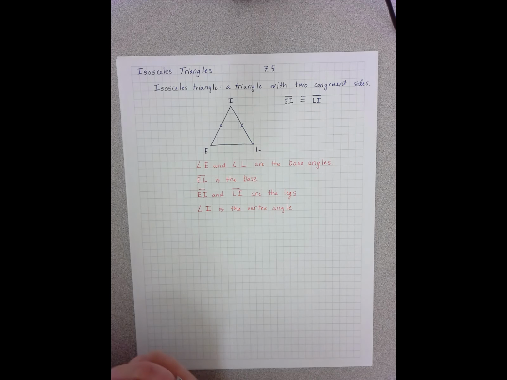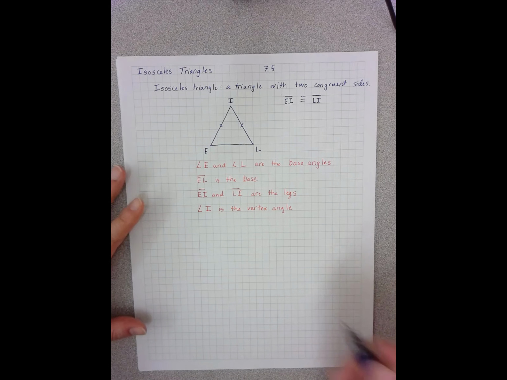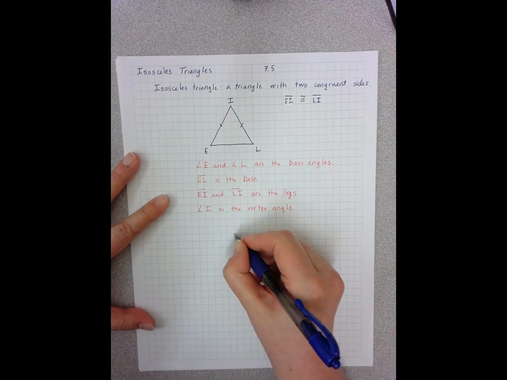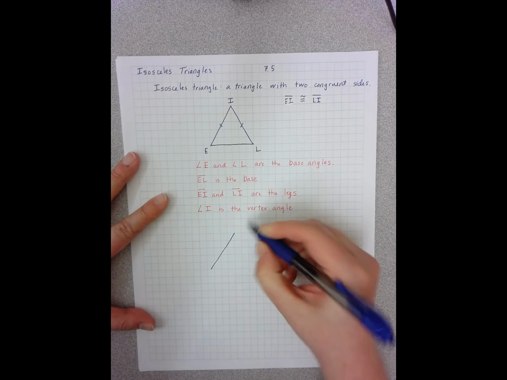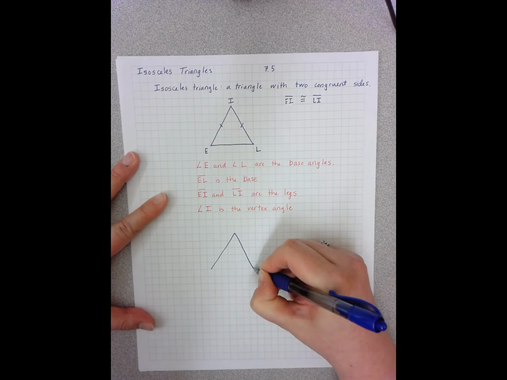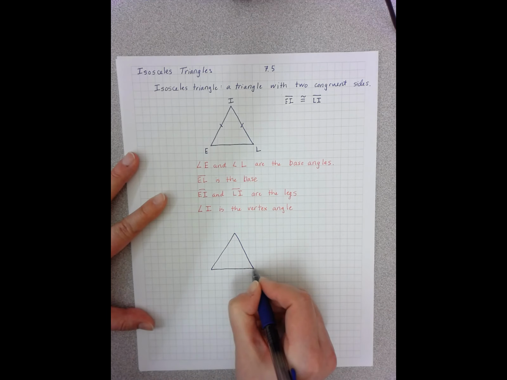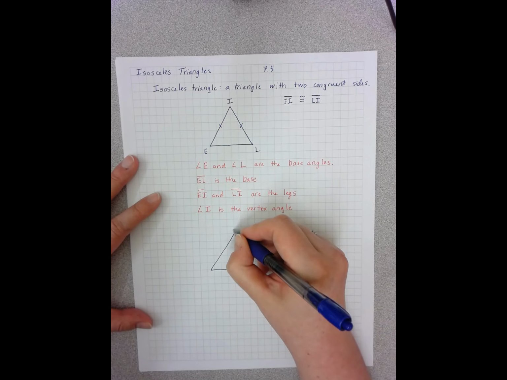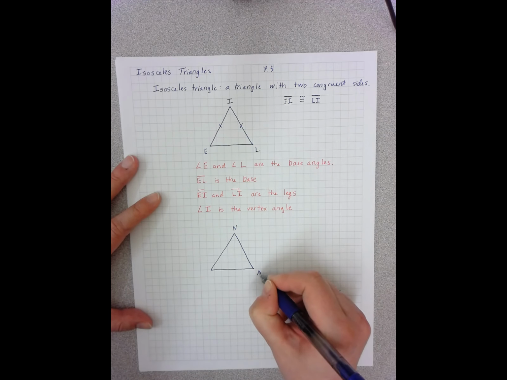Now, in this section, depending upon what your teacher did with you, you could have learned many different attributes for isosceles triangles. So I am just going to show you. We'll call this one NAG.